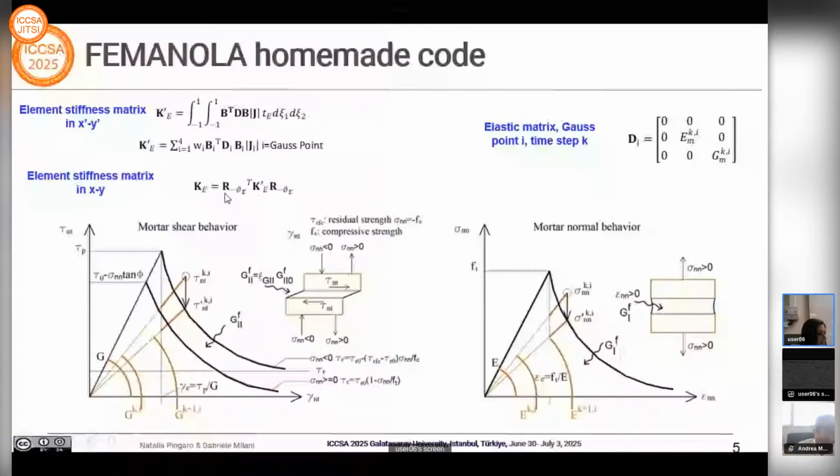As far as the nonlinear behavior is concerned, its general features are reported here in the two charts in the bottom part of the slide, where it is possible to notice the penalization strategy used for elastic and shear moduli at a Gauss point experiencing softening in shear, left, and tension, right.